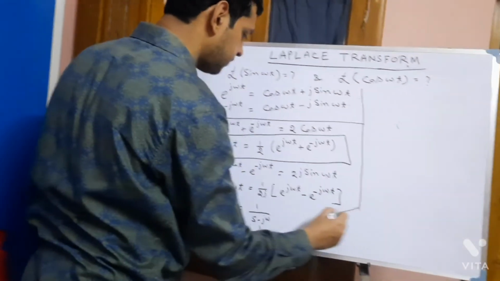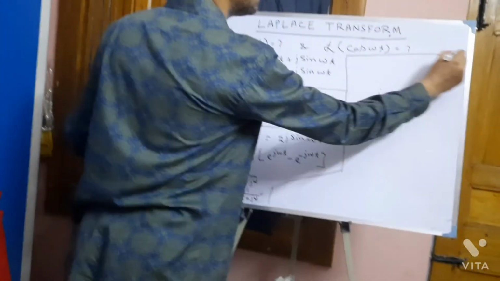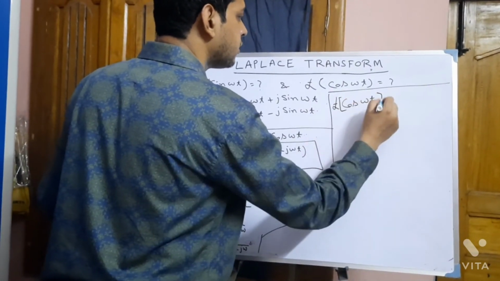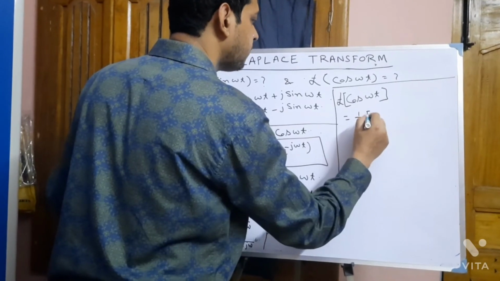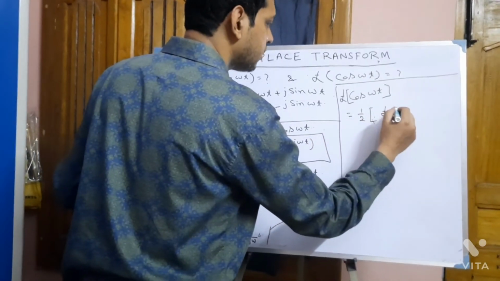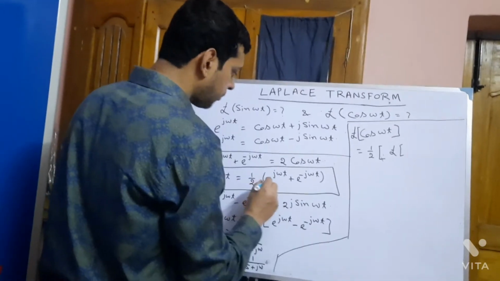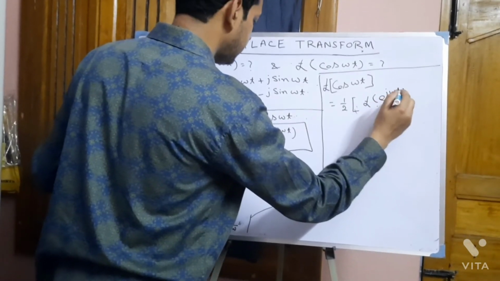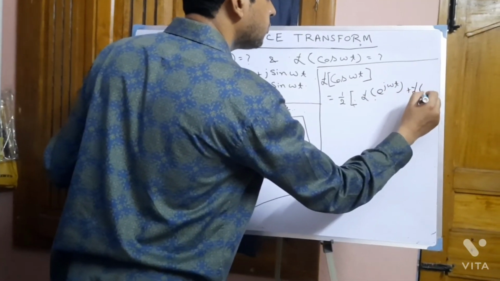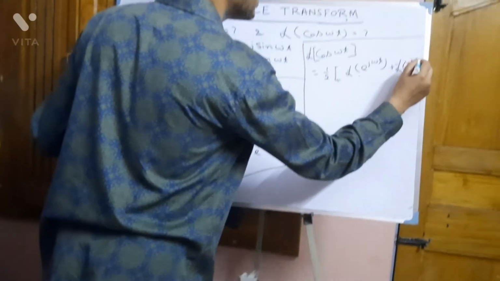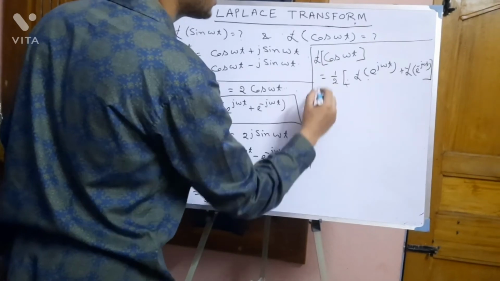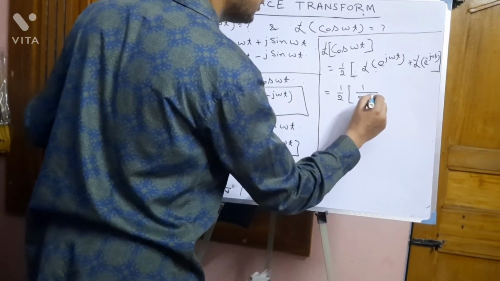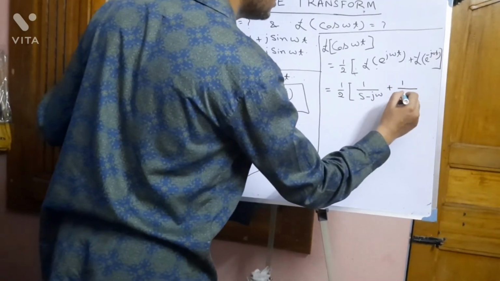So the Laplace transform of cos omega t is half into the Laplace transform of e to the power j omega t plus the Laplace transform of e to the power minus j omega t. Okay, so the Laplace transform of cos omega t is half of 1 by s minus j omega plus 1 by s plus j omega.